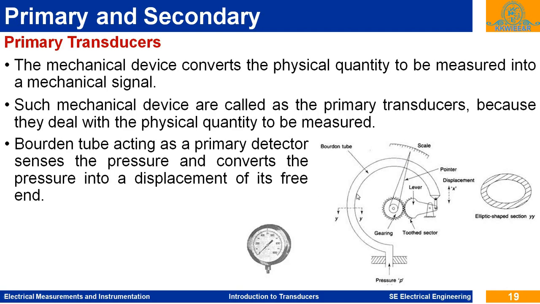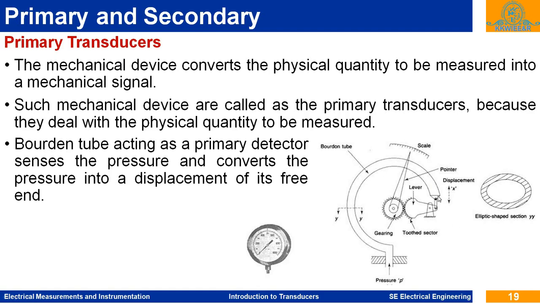There is no need of an electrical signal; only the physical quantity is converted by using the mechanical arrangement, by using mechanical devices. Such types of transducers are called primary transducers.